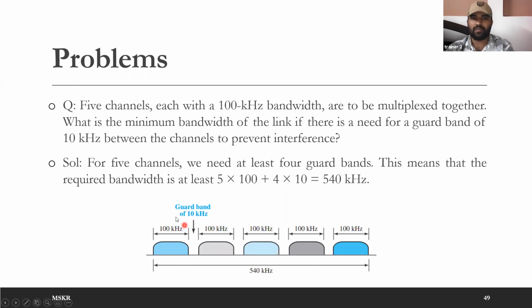To share them, how much bandwidth is needed for your entire medium? You have 5 signals. These 5 signals must be separated with a 10 kilohertz gap between them so that they will not overlap with one another. Okay, so you need 5 into 100 plus 4 gaps into 10, that means 500 plus 40, so total 540 kilohertz of bandwidth for your composite signal medium.